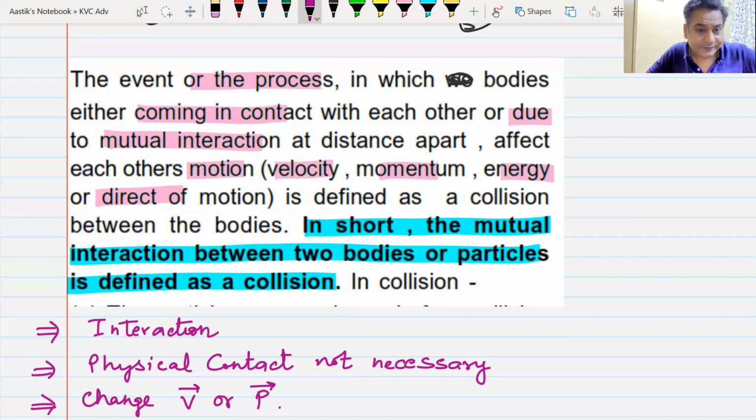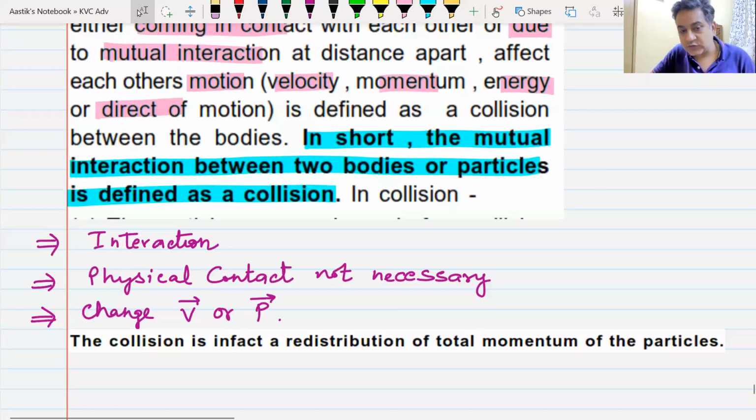In fact, we can say that collision is a redistribution of the total momentum of the particles, and this is the best way to understand collision.